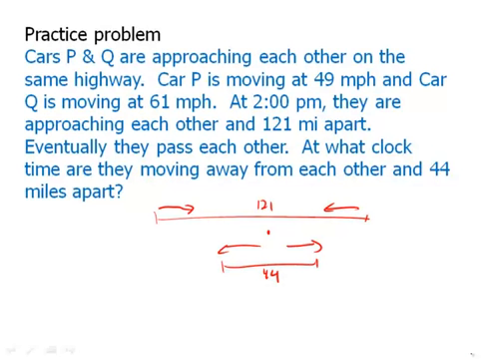The gap that's shrinking will be shrinking at a speed of 49 plus 61, and then the second gap that's expanding will also be expanding at a speed of 49 plus 61, because the whole time their speeds are in opposite directions, so of course we're going to add the speeds. So we can actually just treat it as one big distance, 121 plus 44. The shrunken gap and the expanded gap both as one big distance because the speed is going to be the same.